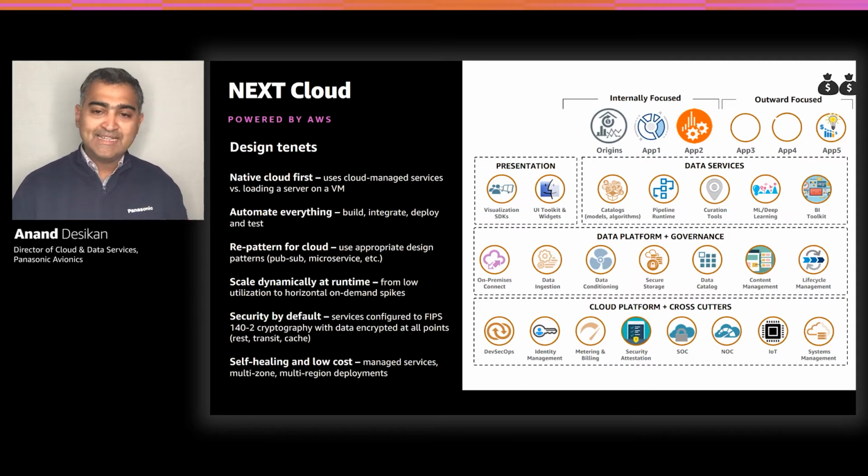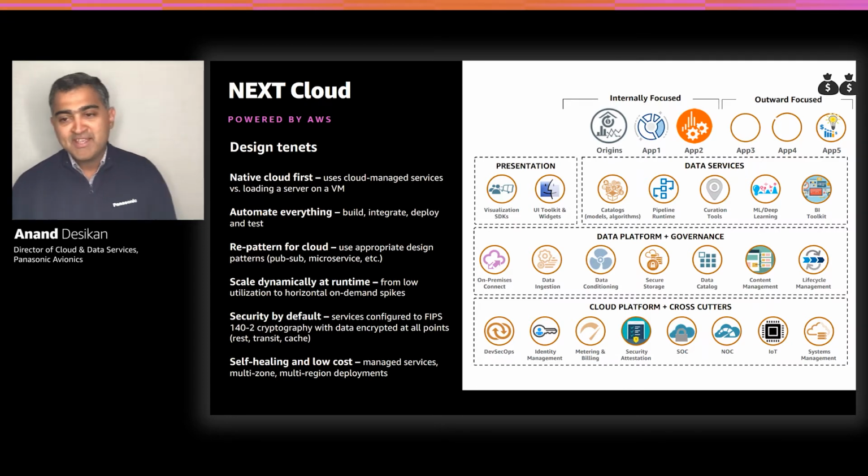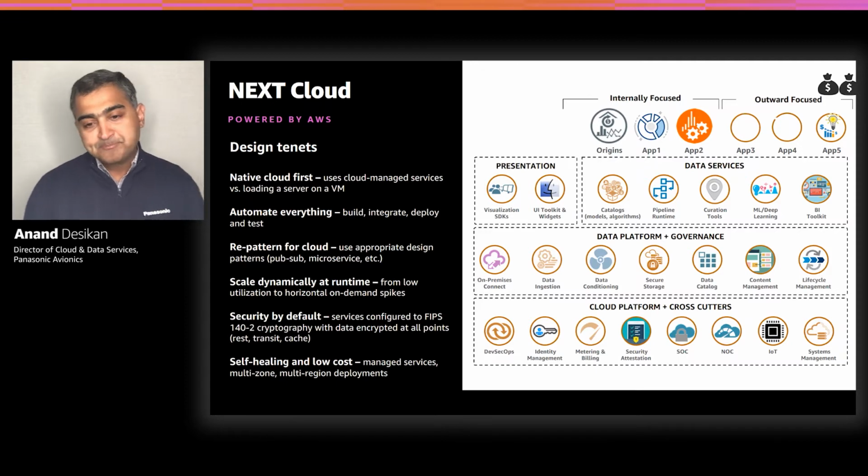Another key one we wanted to emphasize was to scale dynamically at runtime. Security, of course, was a big design tenet that we needed to keep in focus, and of course self-healing and the low cost of the managed services, which provides us scalability because we operate in several countries, was also paramount.